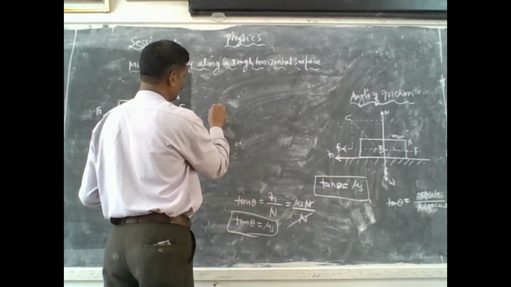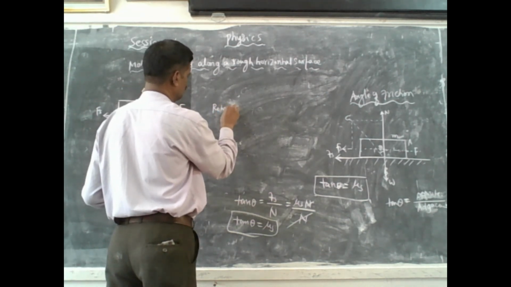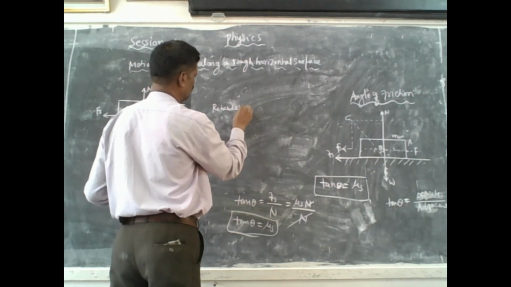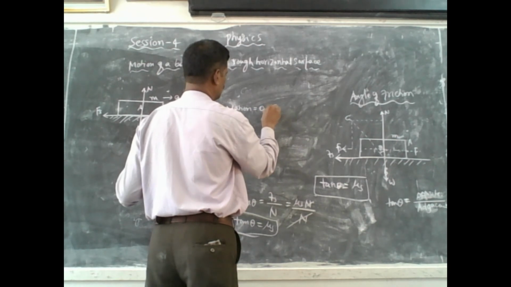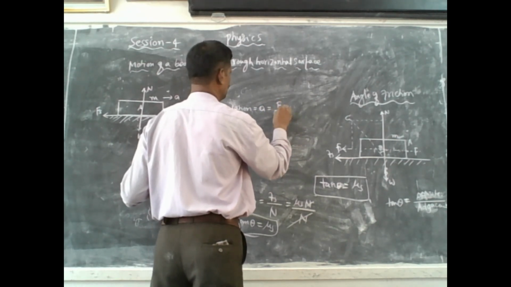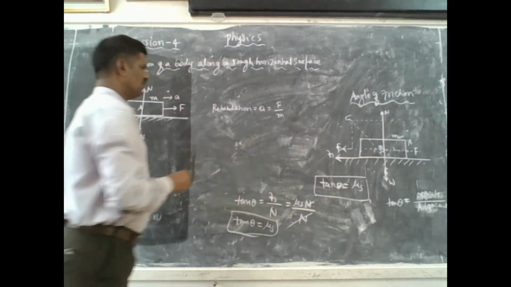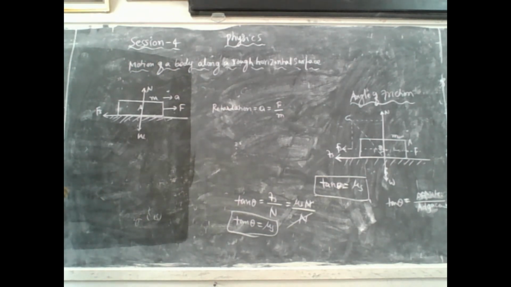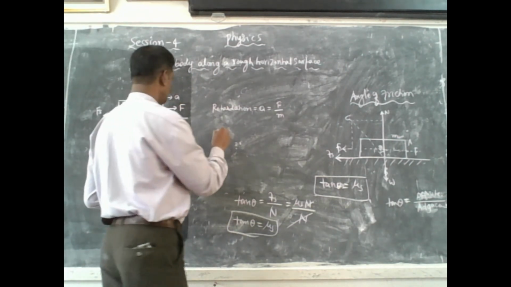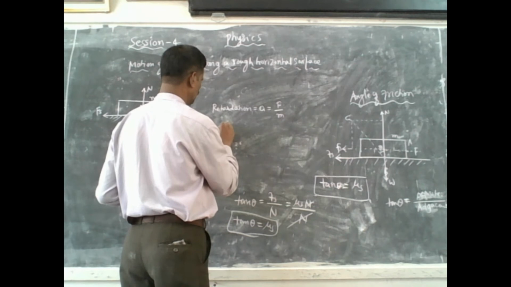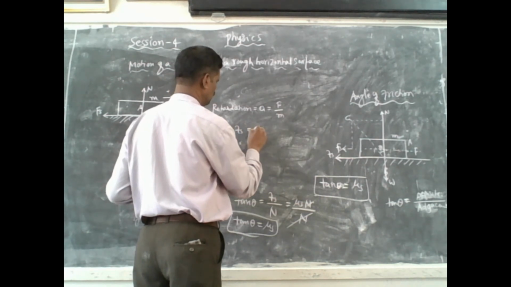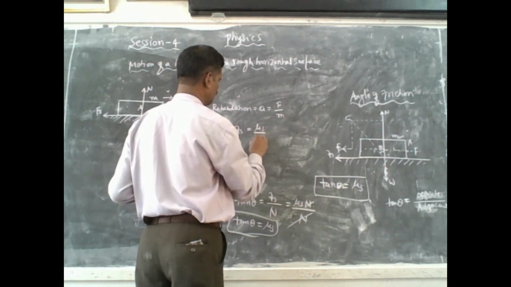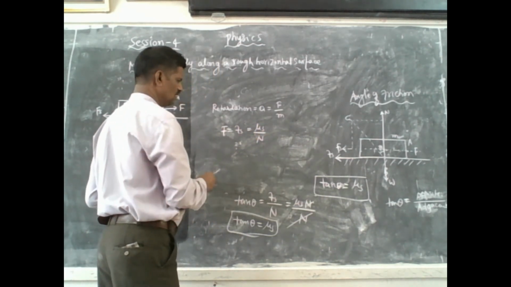Therefore, retardation takes place. Retardation or acceleration is equal to F by M. Here the force on the body equals Fs. But Fs is equal to mu s N, isn't it?